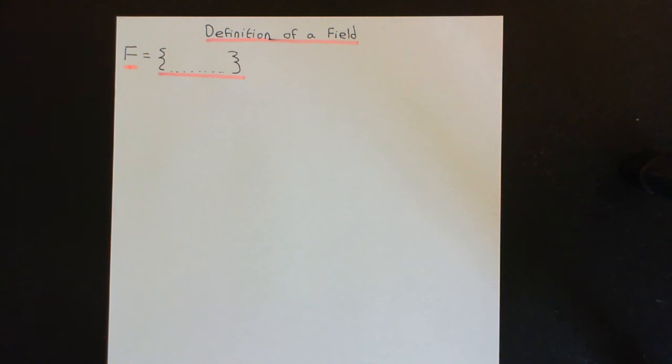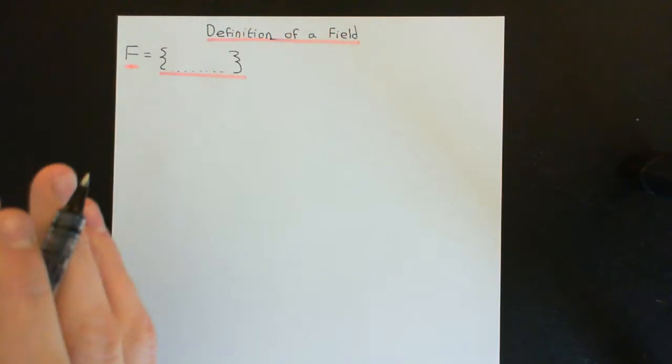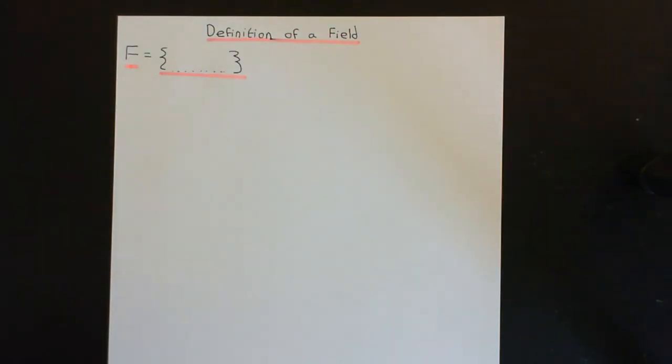Okay, right. Now, to turn this into a field, at the moment it's just a set of symbols. To turn it into a field, you have to put on this set of symbols two composition laws that are going to obey an incredible list of axioms. Now, unlike in group theory where the composition laws could be called whatever you like, in fields the composition laws are always called the same thing.